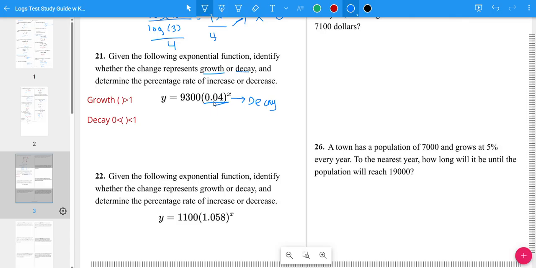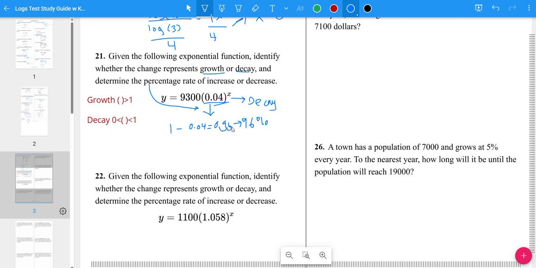So we do 1 minus this number for decay. To find the percentage of decay, we're doing 1 for 100%, and we move the decimal place twice. 1 minus 0.04 is 0.96, which as a percent is 96%.